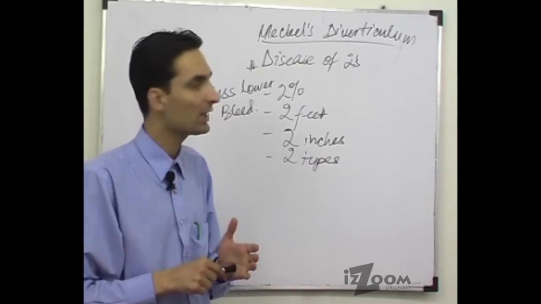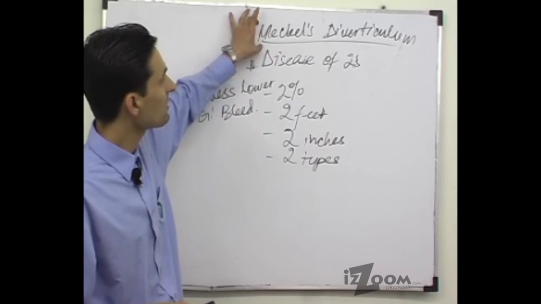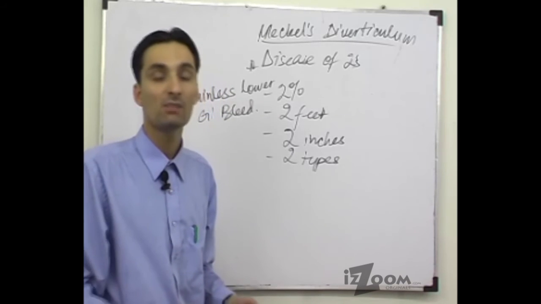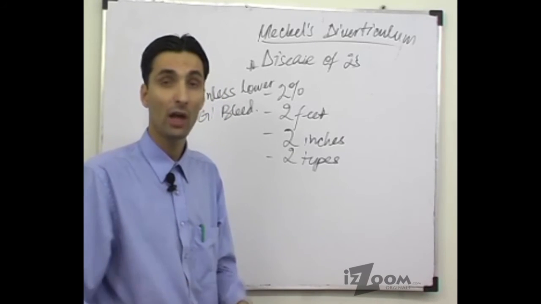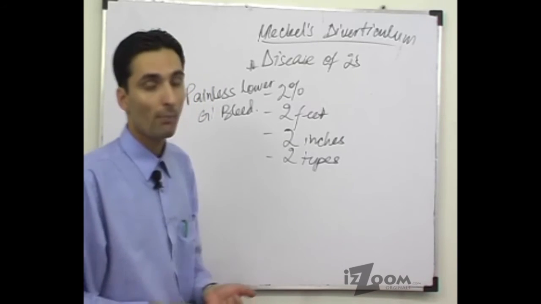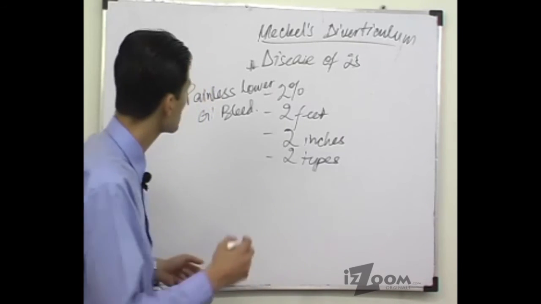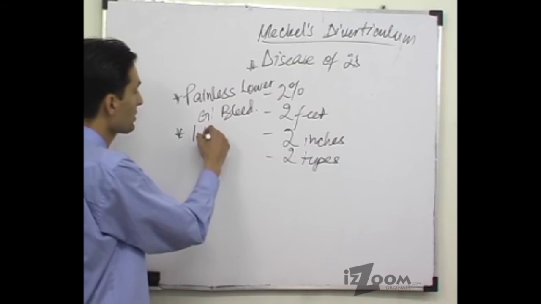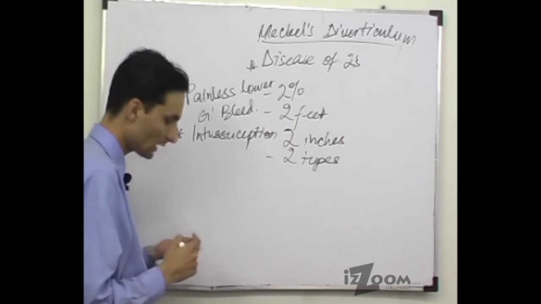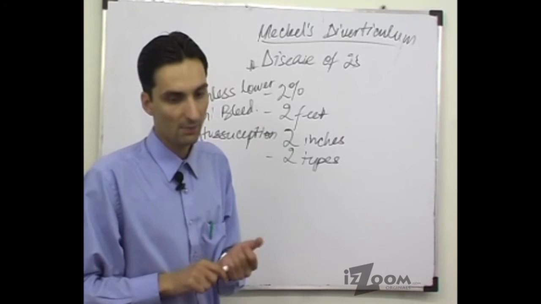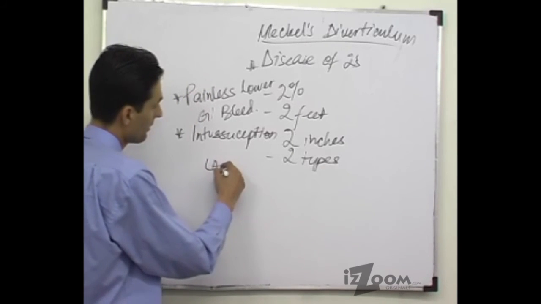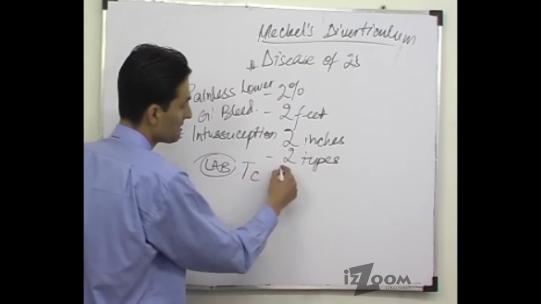If this Meckel's diverticulum becomes inflamed, just like the appendix, these patients can present to you with Meckel's diverticulitis, with abdominal pain in that region. These patients can also present with intussusception, which is a complication that can occur. These patients are diagnosed by technetium scan.